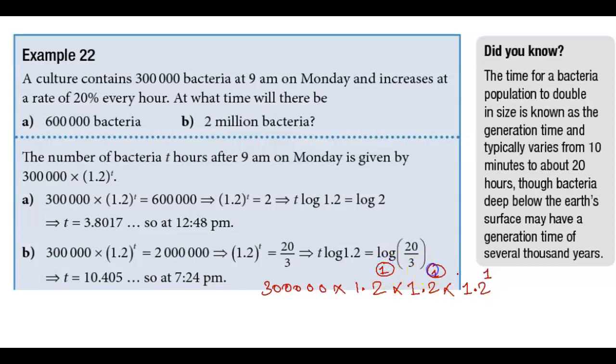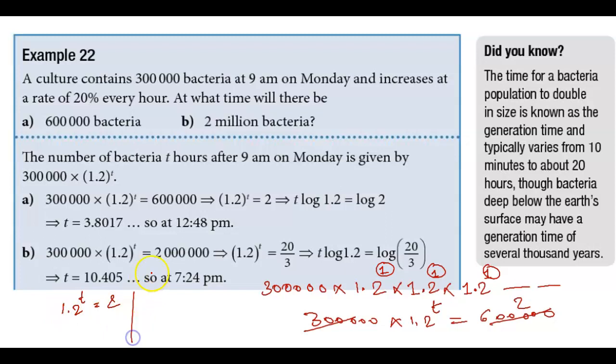First hour, this is second hour, this is third hour. So in T hours it will be 3 lakh into 1.2 raised to power T. And we want 6 lakh bacteria, right, children? Okay, so this reduces to 2. You will get 1.2 raised to power T equals 2.